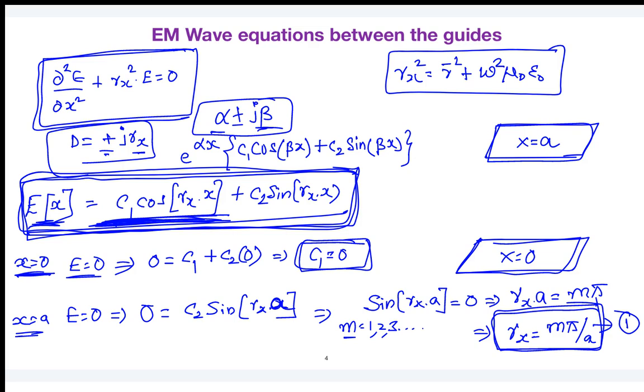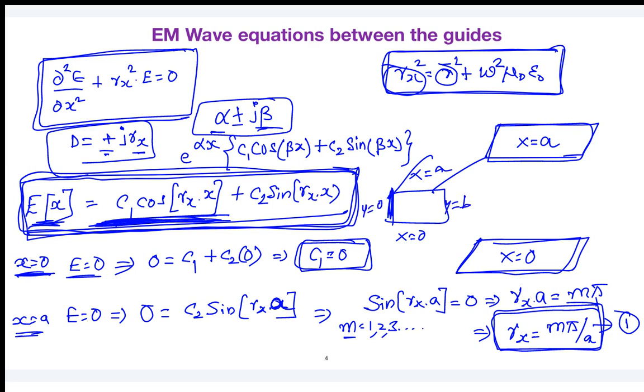And once you know the value of gamma x, you can easily define what is gamma bar using this equation. What changes in rectangular waveguides is that, in addition to the x plates at x equal to 0 and x equal to a, you will have another set of plates at y equal to 0 and y equal to b.